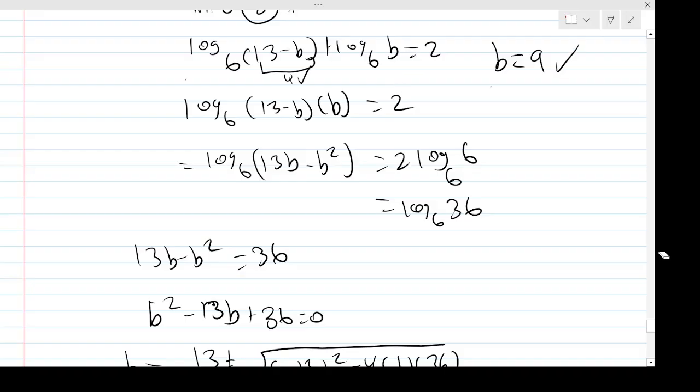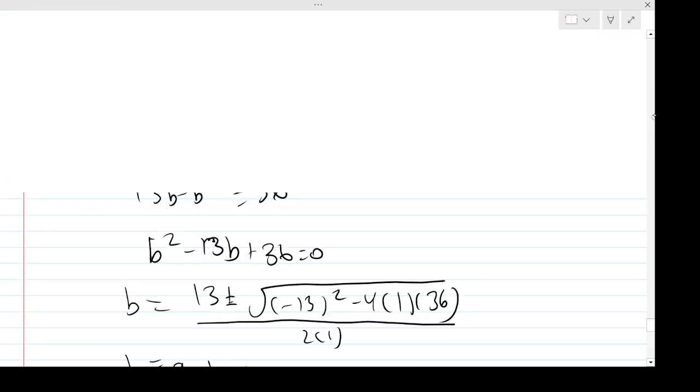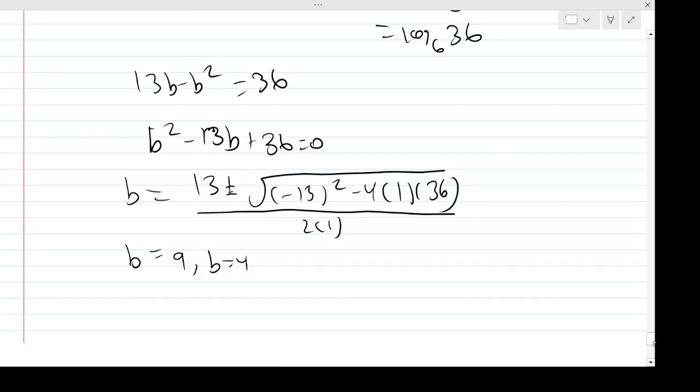If B is instead 4, my other root, then 13 minus 4 would be 9, and B would be 4. So actually both are valid in this case. Cool. So both of these solutions can happen.